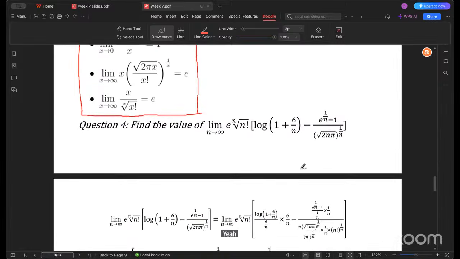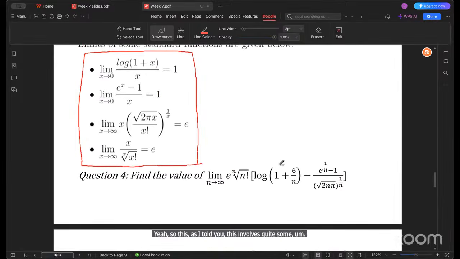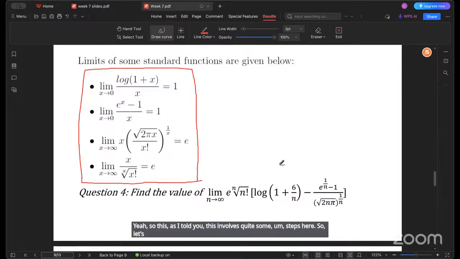As I told you, this involves quite some steps. So let's go step by step. Let's not just jump into solving the entire thing. So how will you solve this part? First, look at this part, which is familiar to you. How will you solve this part?